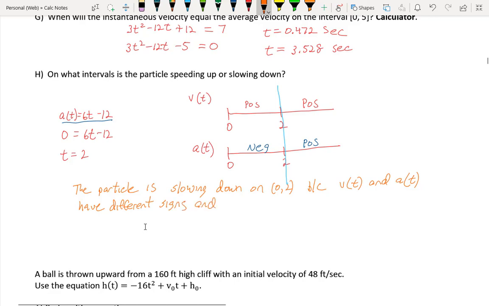And the particle is speeding up on 2 to infinity because v of t and a of t are the same sign. Okay?